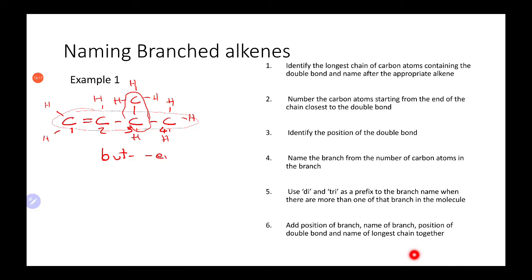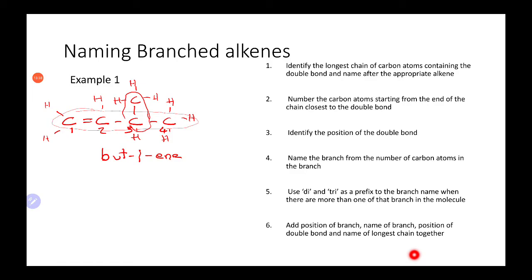So it's butene, and we'll put the number of the carbon the double bond is attached to. In this molecule, the double bond is between carbons 1 and 2, so we would call that but-1-ene, because the double bond starts on carbon 1.